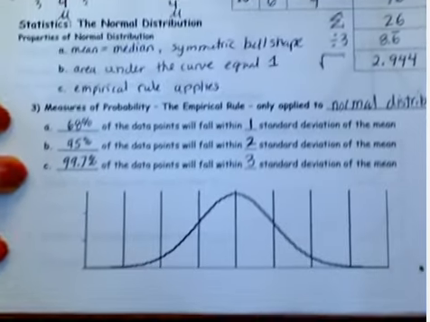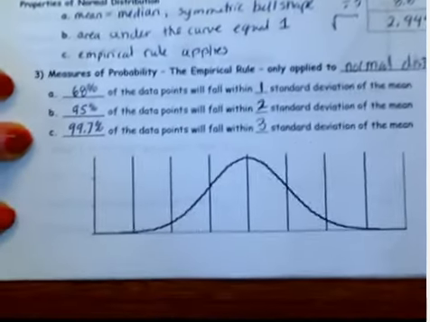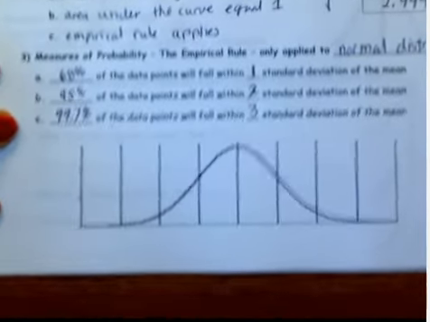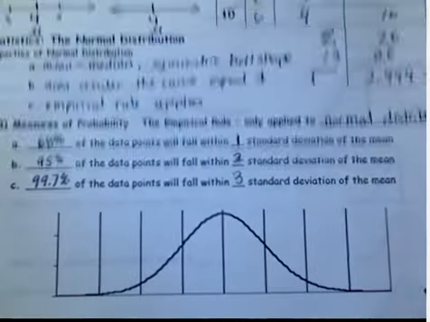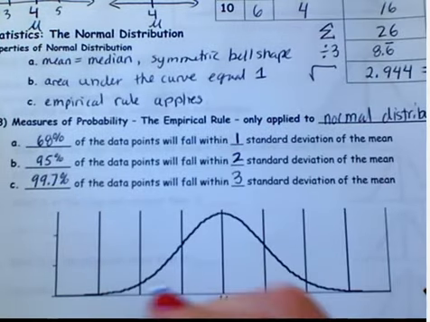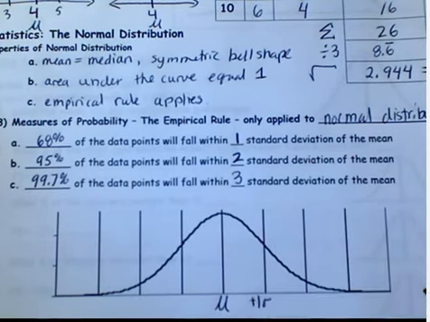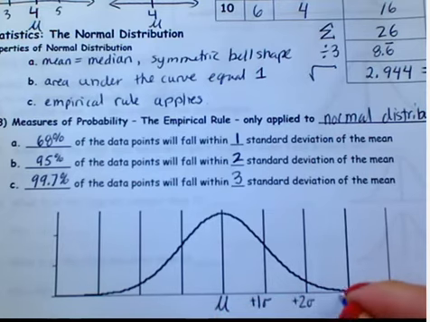Okay, so let's go ahead and look at what a normal distribution is. And we're going to label the standard deviation and the mean. So if we look at the center, the middle point, right here, is the mean. Each of these lines represents one standard deviation. So this is 1, 2 standard deviations above the mean, 3 standard deviations.